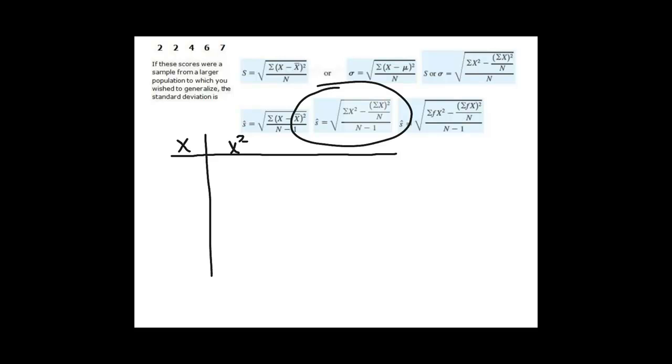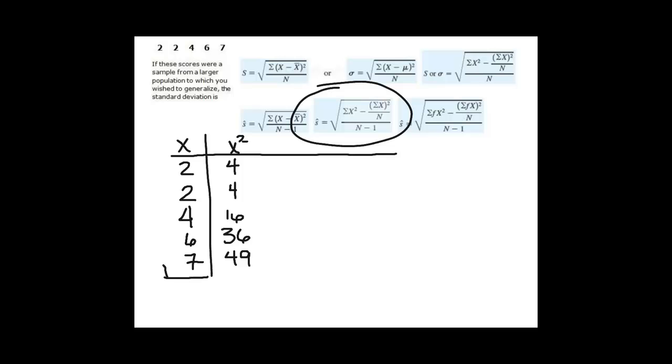So just like in the last example, we're going to set up columns for x and x squared, put in our observations 2, 2, 4, 6, and 7, and the x squared column: 2 squared is 4, 2 squared is 4, 4 squared is 16, 6 squared is 36, and 7 squared is 49.